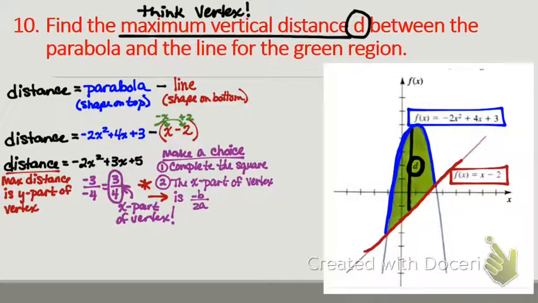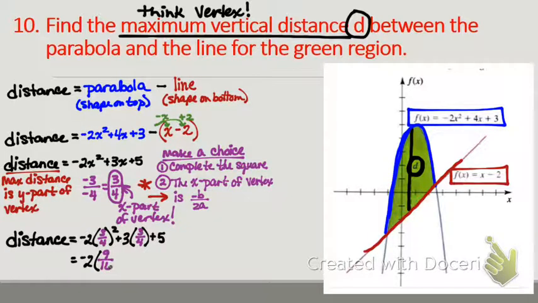All right, so my distance is equal to negative 2 times 3/4 squared plus 3 times 3/4 plus 5. 3/4 squared? 9/16 plus 3 times 3/4 plus 5.